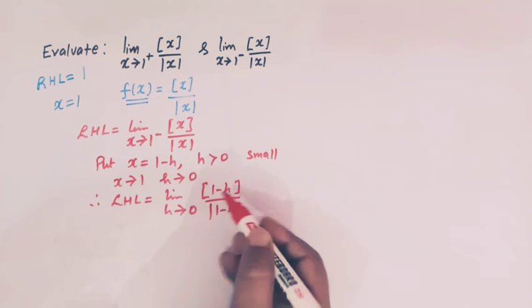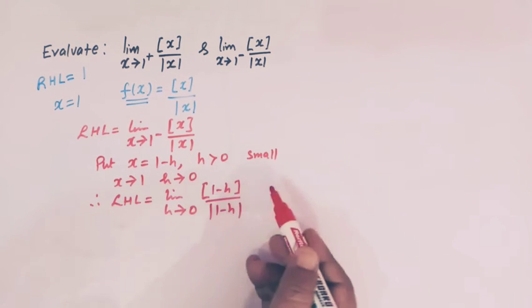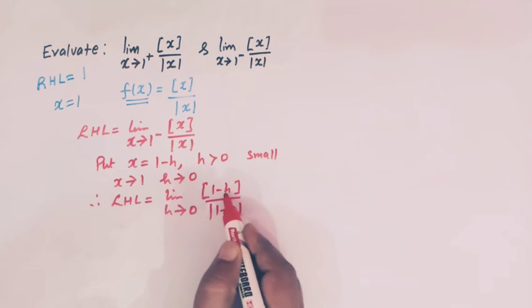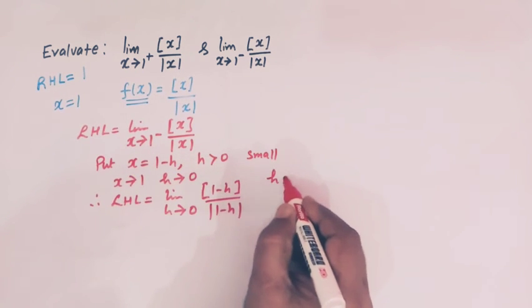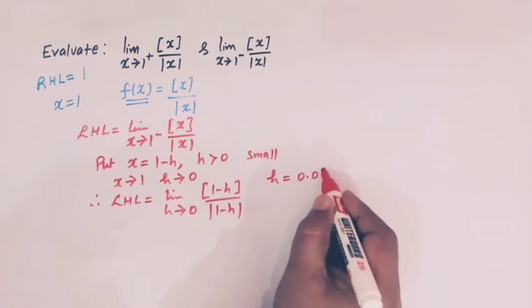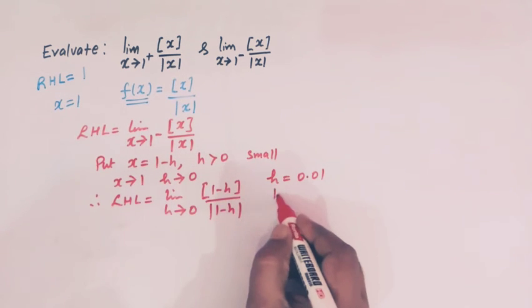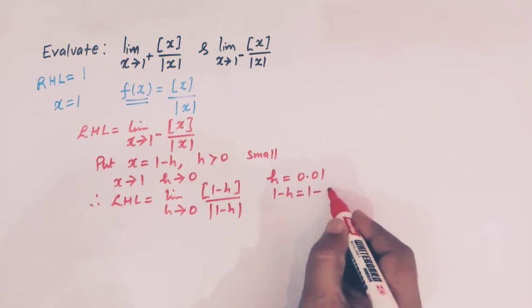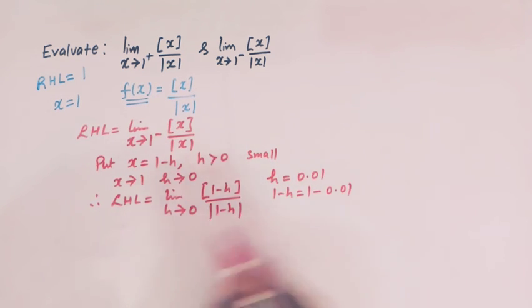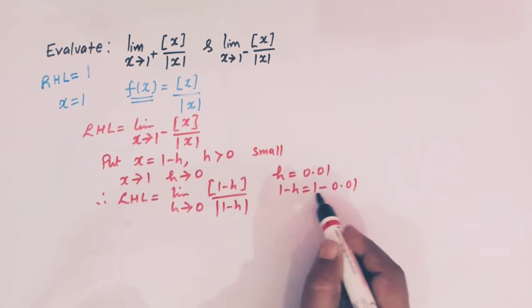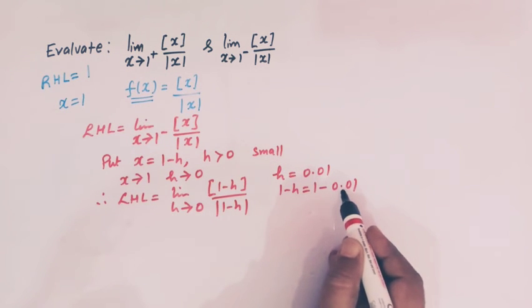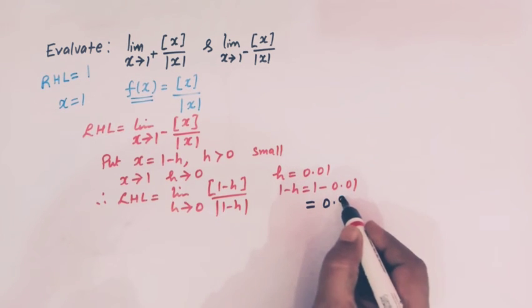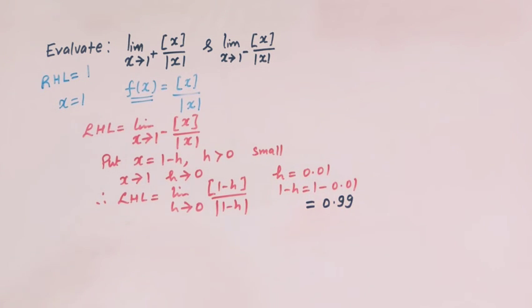Now here also we make use of the definition of the greatest integer function. If we take h equal to 0.01, then the value of 1 minus h is 1 minus 0.01, which is 0.99.